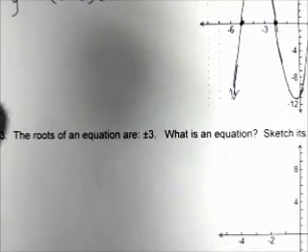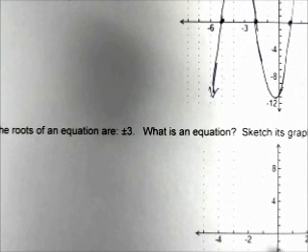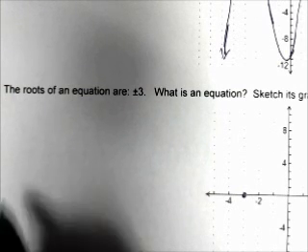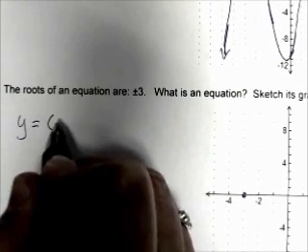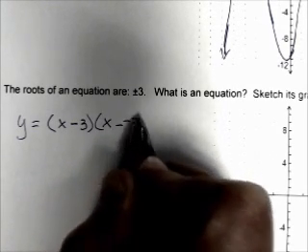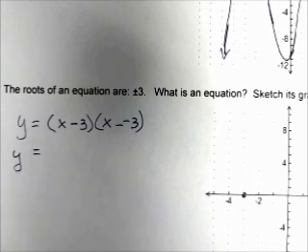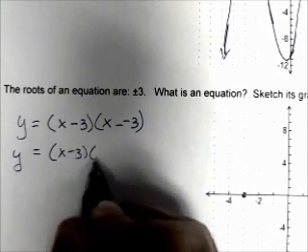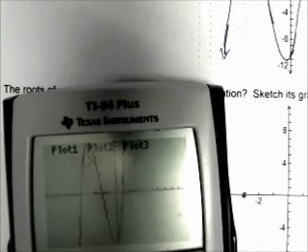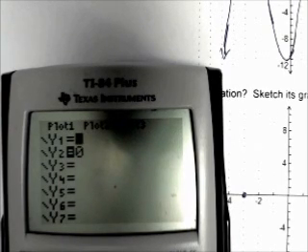The third one, the roots of an equation are plus or minus 3, so positive 3 and -3. We'll mark our zeros there. What is the equation? It's going to be y equals x minus 3 times x minus -3, which would be y equals x minus 3 times x plus 3. We know that's going to be a parabola. Go to y equals, clear that out. X plus 3 times x minus 3.